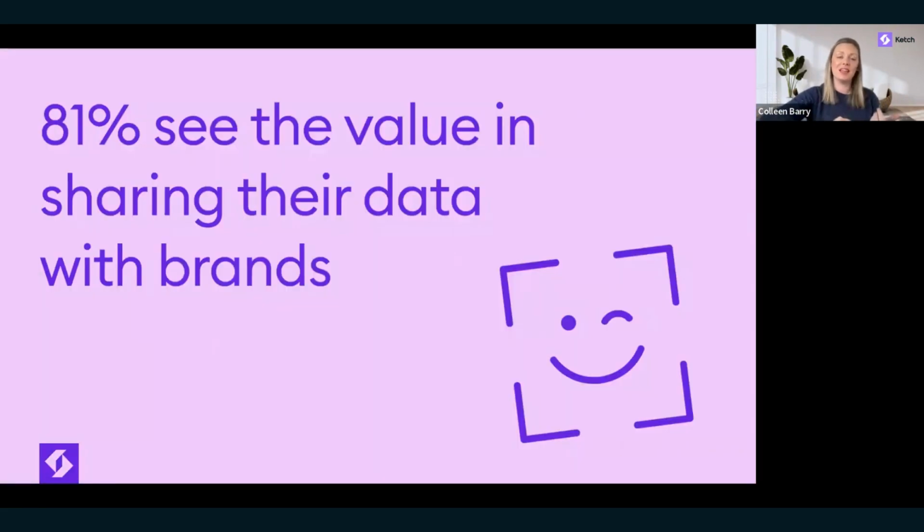And then one last key stat I want to share from the study that really, I think, points to the potential of treating data privacy as a kind of fuel for revenue is that 81% of consumers told us that they see the value in sharing their data with brands, meaning that consumers understand the value exchange and are okay with giving their data to a brand in exchange for some kind of benefit, whether that's a discount, whether it's more personalization.